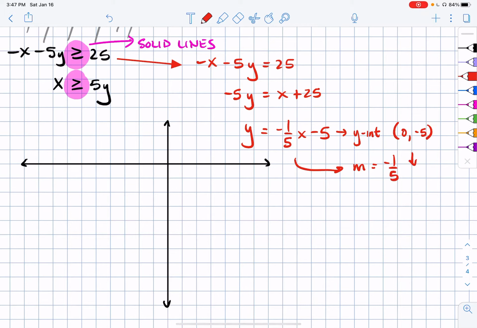So I go down 1, right 5. Okay, so 0, -5, 1, 2, 3, 4, 5. Here's my y-intercept. I go down 1, right 5. 1, 2, 3, 4, 5. So there's my line.